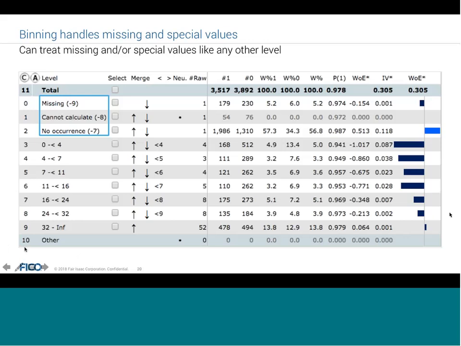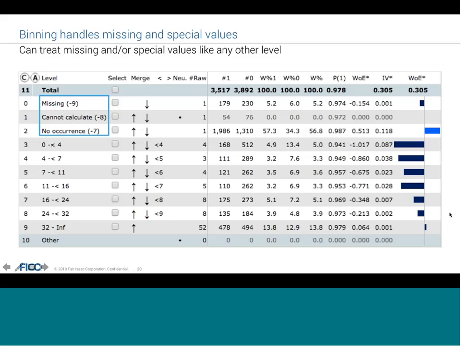What binning will allow you to do is take missing data and preserve whatever predictive content might be coming along with the fact that data is absent. So in my example, I took all records that had missing for this particular variable, and I gave them a value outside of the range of valid values.